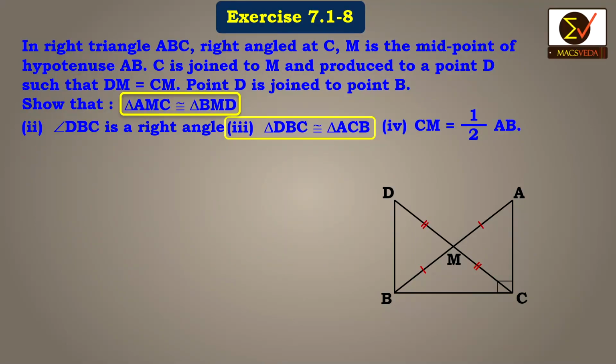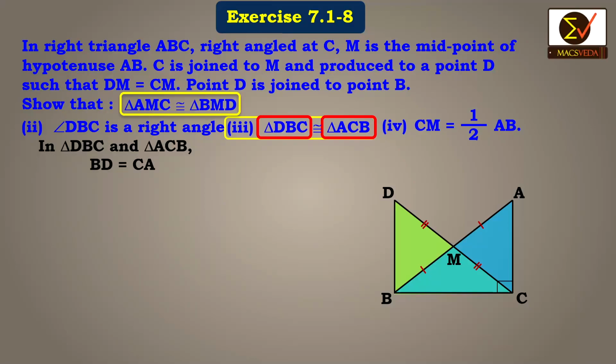So, second problem completed. Now, we need to prove the third one, that is triangle DBC is congruent to triangle ACB. In triangle DBC and triangle ACB, side BD is equal to side CA, because we already know that these two triangles are congruent. So, by CPCT property, corresponding sides are equal.